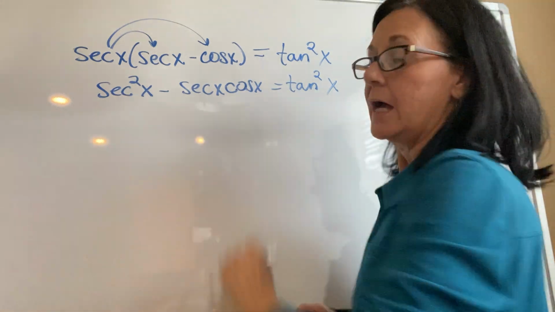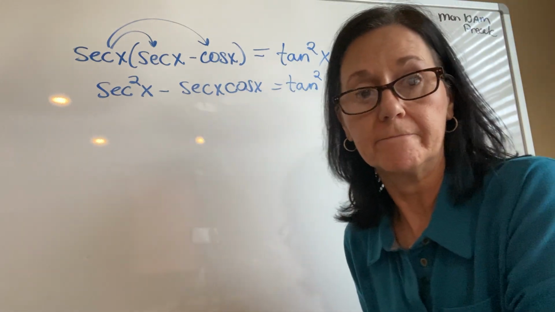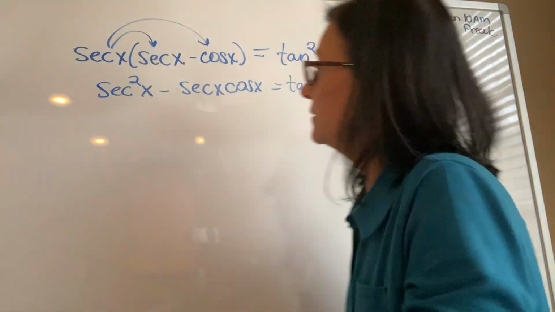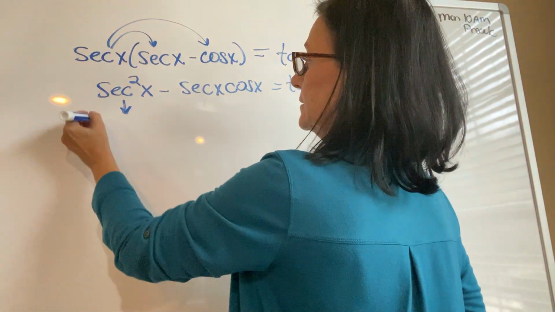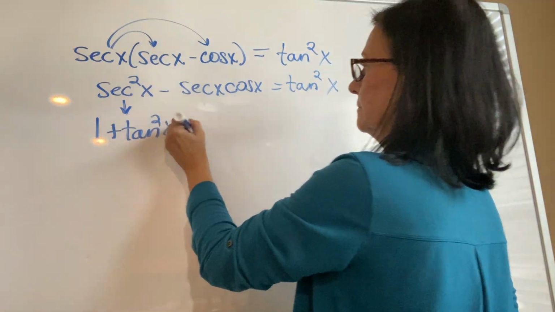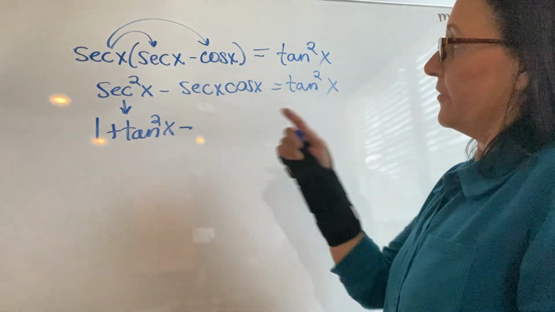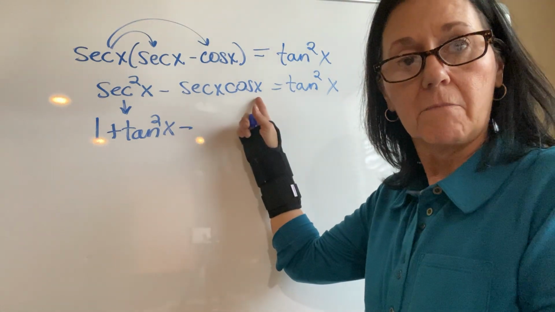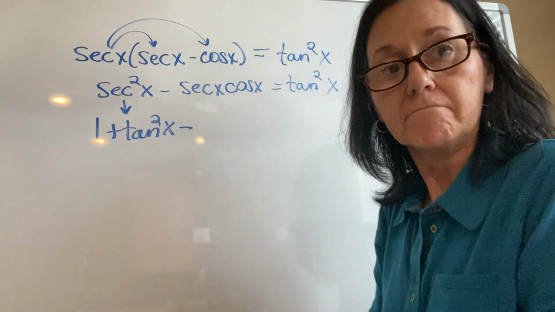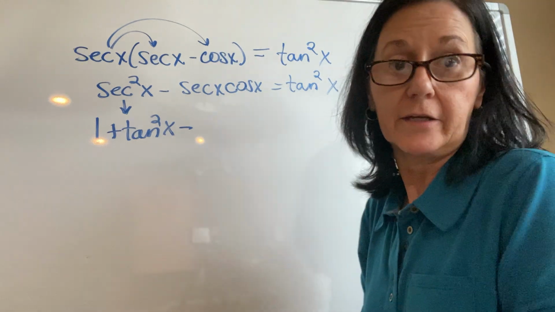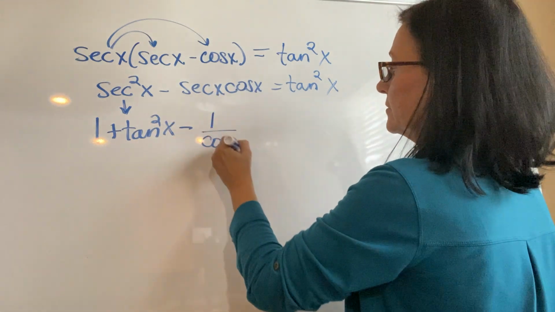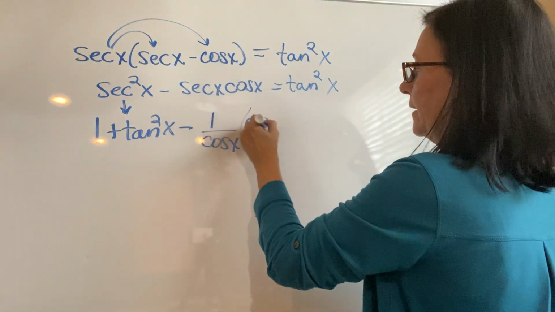For this, I'm going to substitute in 1 plus the tan squared x. For the secant, because it's multiplied by the cosine, I'm going to convert it to sine cosine. The secant is 1 over the cosine, and that's multiplied by the cosine.